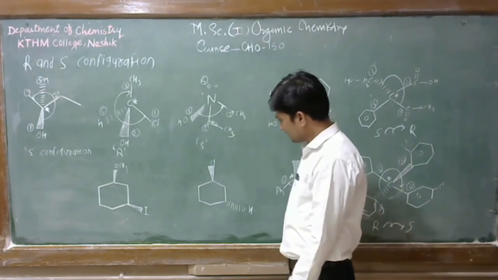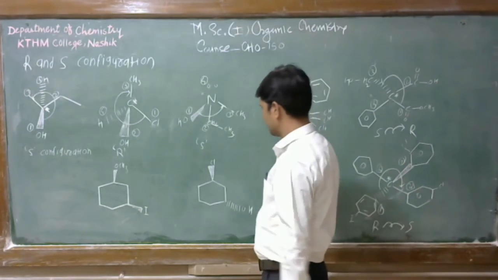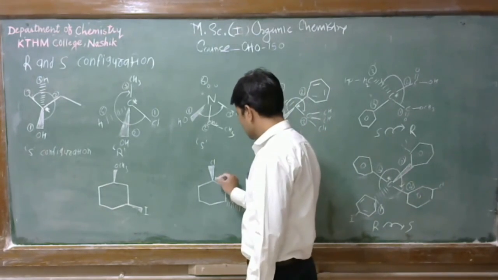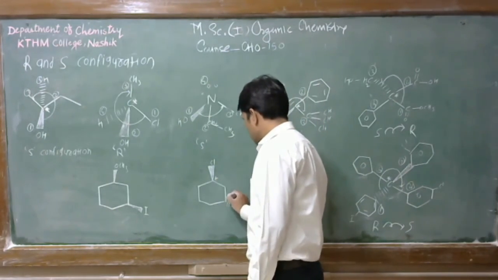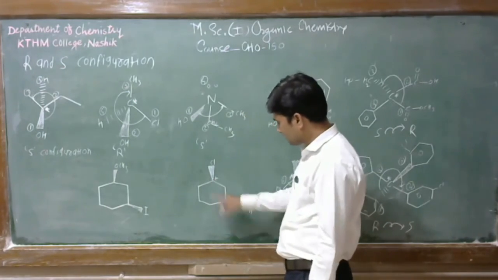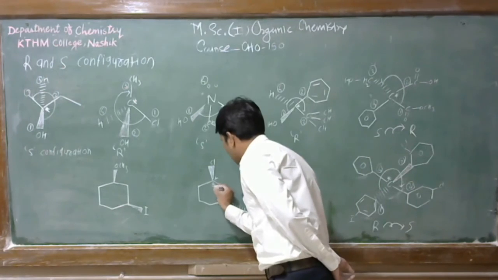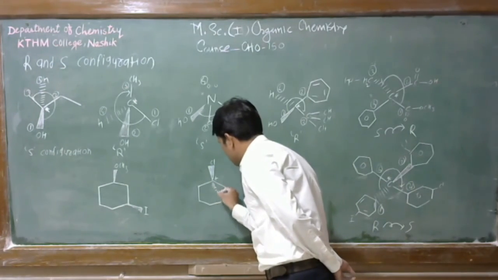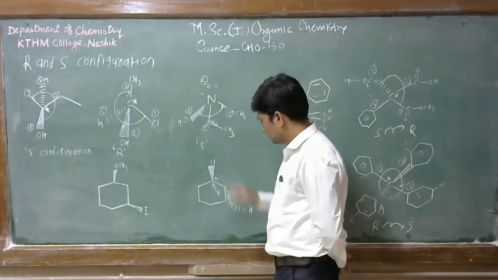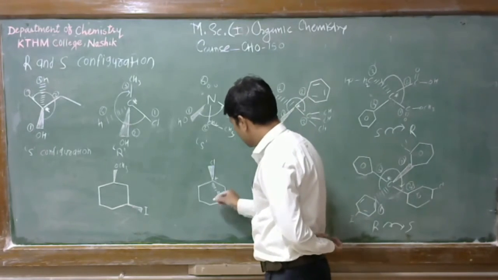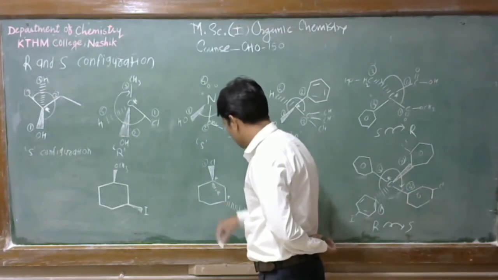Now, in this case, there are 2 chiral carbon atoms. One is here and another is here. To this chiral carbon atom, there is one hydrogen attached to the back side because the chlorine is toward the above side. So we can give the priority. This is first priority.